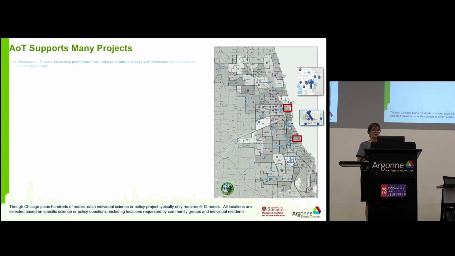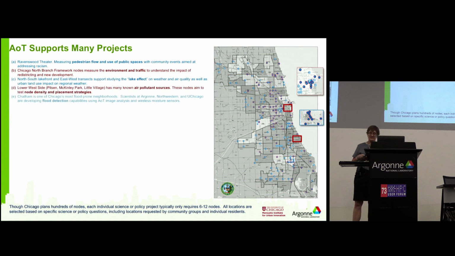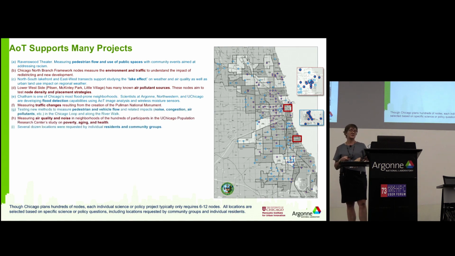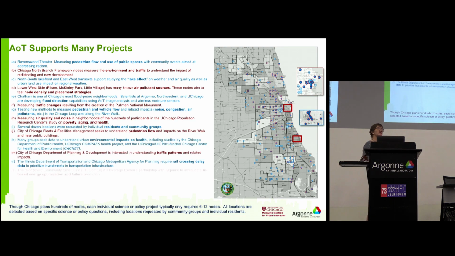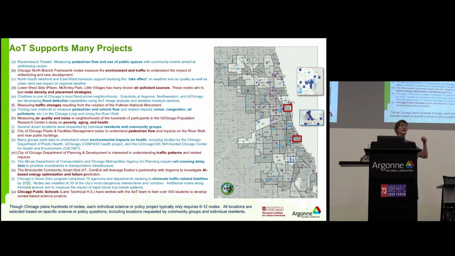So the ArrayOfThings project supports many, many other projects with many objectives. You can go to the ArrayOfThings sites here in town and request nodes in your area, and every node that's placed, aside from our coverage question, is also there to address questions. Lake effect, how does lake effect affect local air quality?